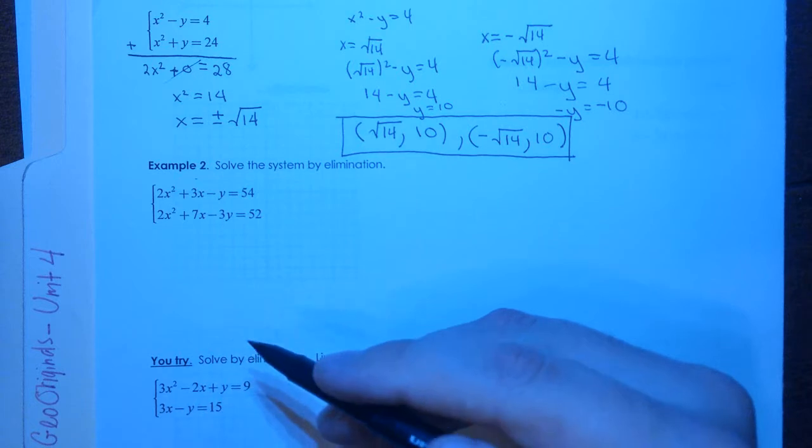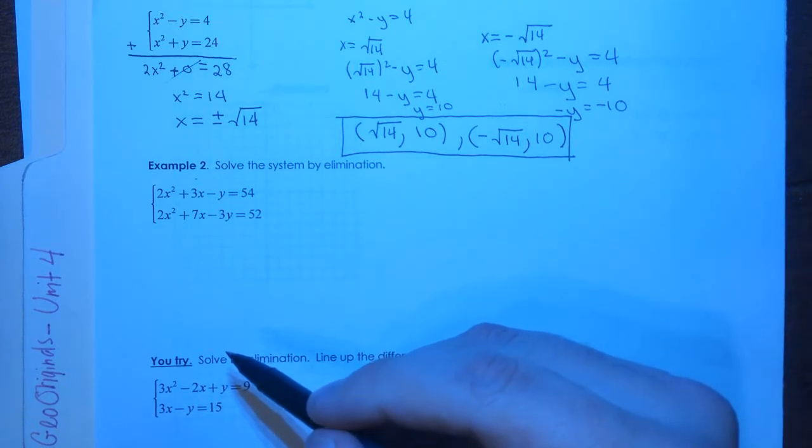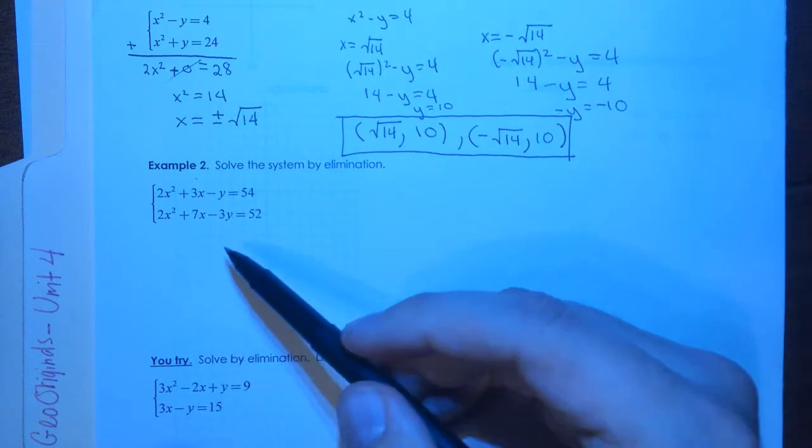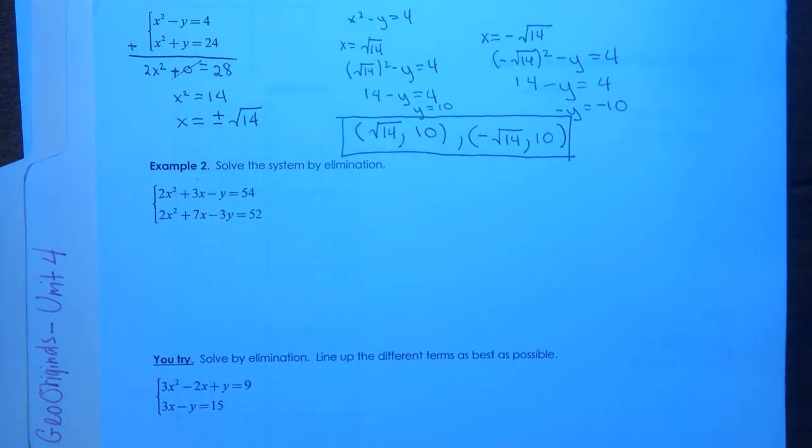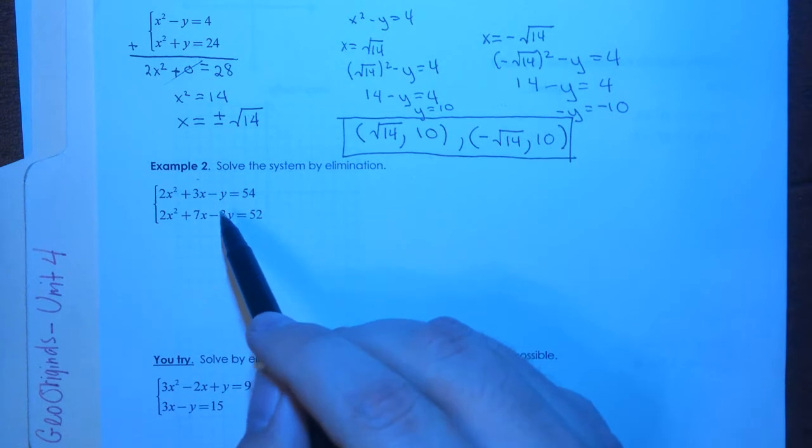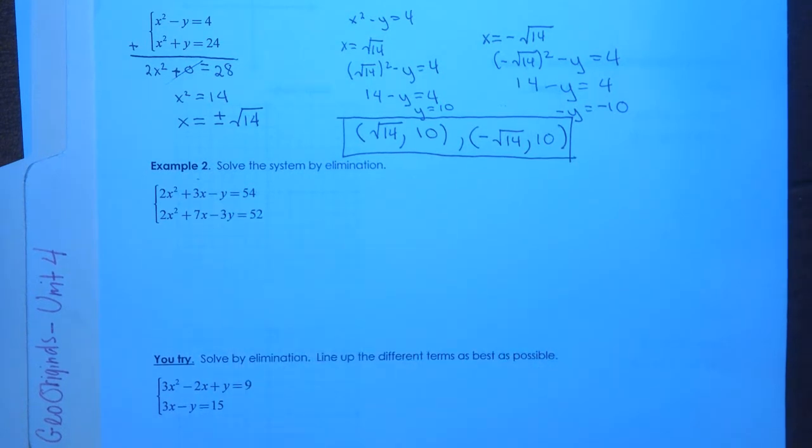You may recall, a few minutes ago, I said that generally we would be eliminating the y's. So that's what I'm going to do. I'm going to eliminate the y's because I can't eliminate all of these x's at once. Whereas I have only minus y and minus 3y.